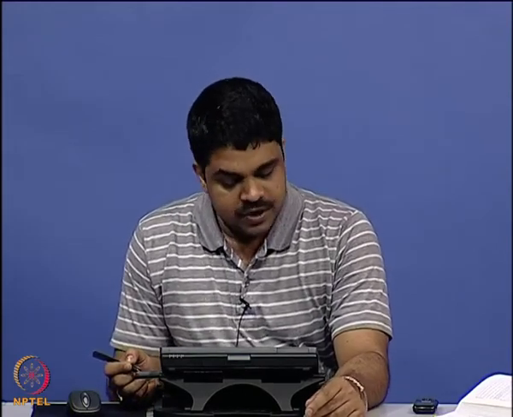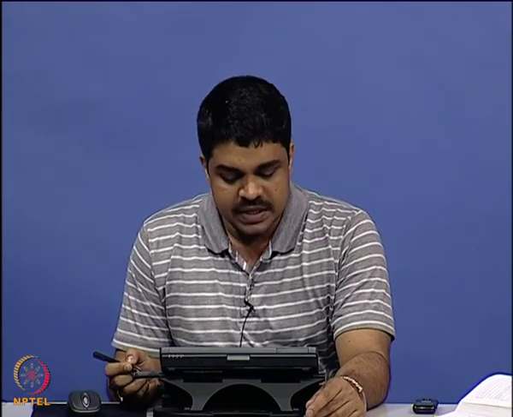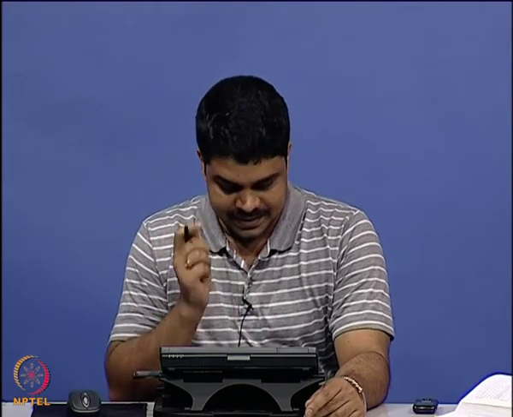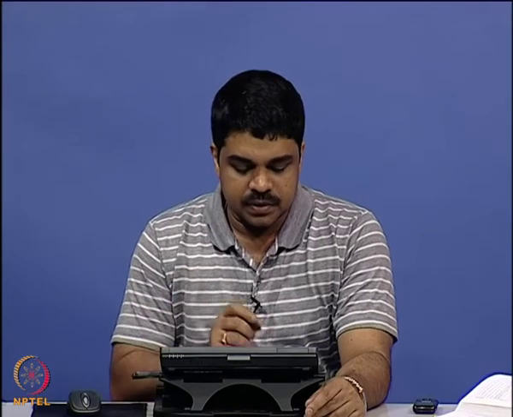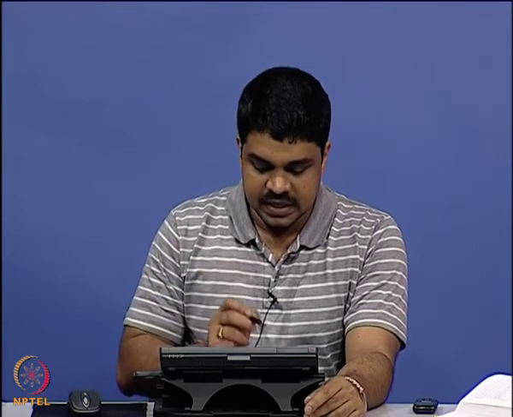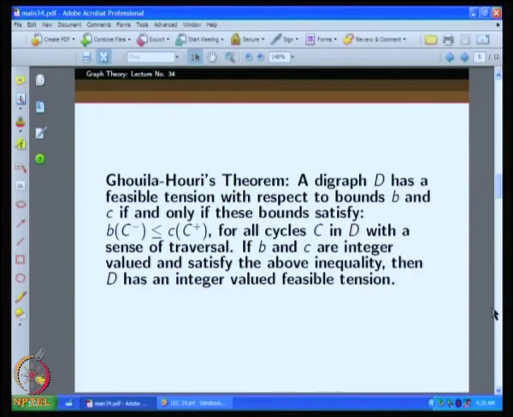Now there is an equivalent theorem in the case of tension also. We will not repeat all the things again, but we can see that in the case of tension, the place of cuts is taken by cycles. So, we can consider a cycle and associate a certain direction to it. C minus is the reverse arcs with respect to the sense of direction we gave on that cycle, and B of C minus has to be less than or equal to C of C plus.